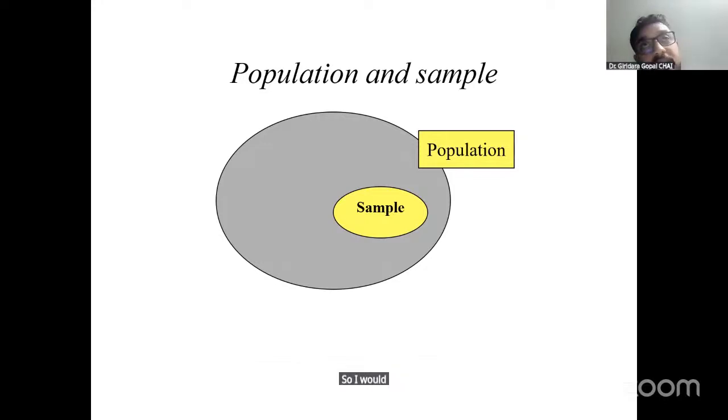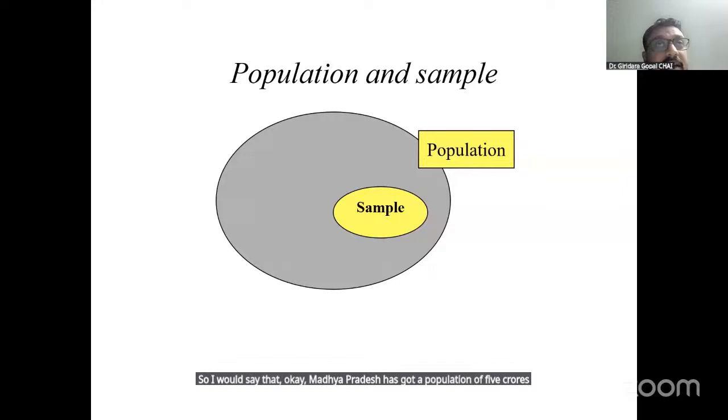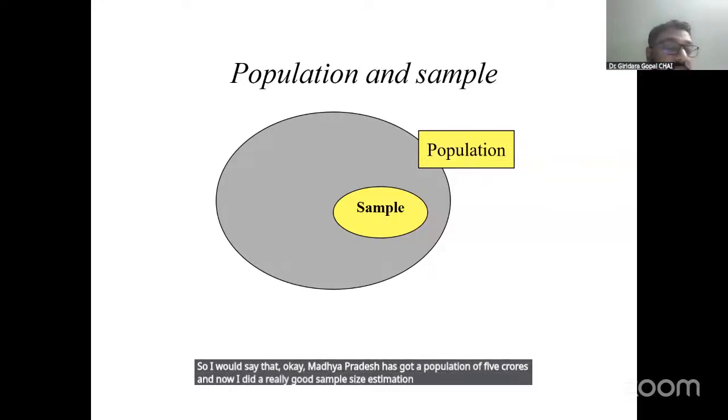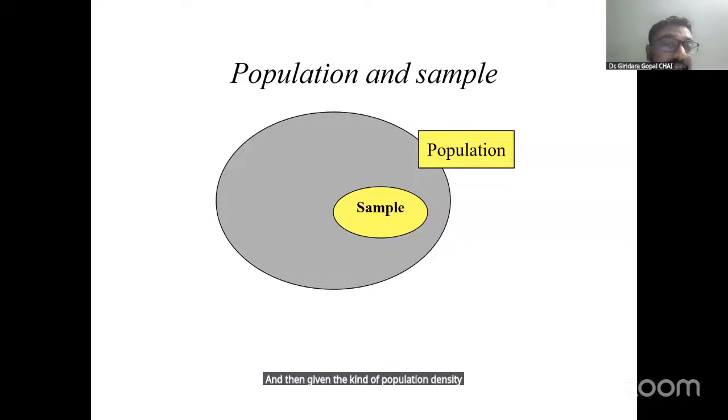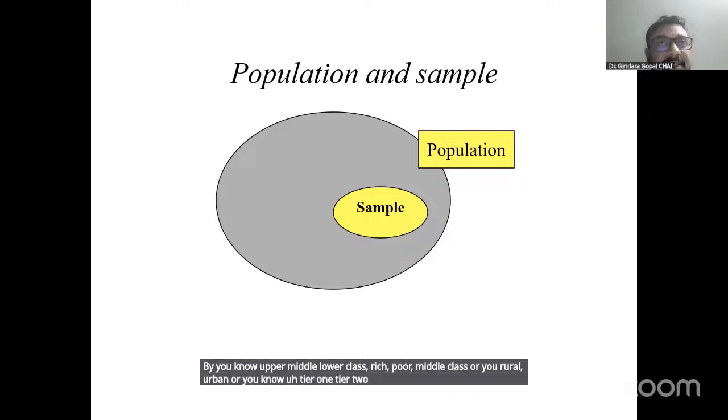But if your sampling methodology is representative of the final population, say Madhya Pradesh has a population of 5 crores, and I did a really good sample size estimation, not 5,000 but rather 50,000, and I chose this 50,000 very critically by district, by blocks, by villages, by cities, by towns, given the population density and diversity, by upper, middle, lower class, rich, poor, rural, urban, tier one, tier two, tier three cities, good or poor education, etc. I have a representative sample of 50,000, and that says the prevalence is 10%.